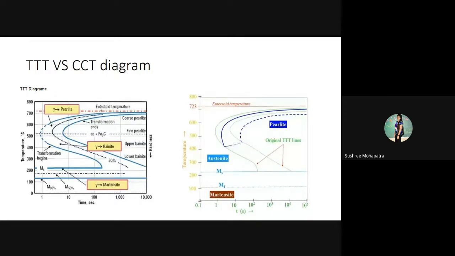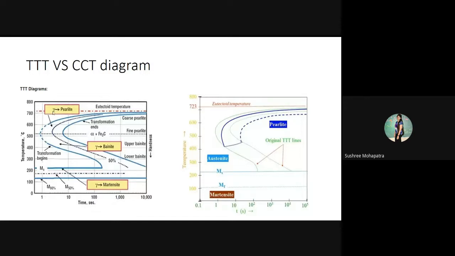So above this temperature, which kind of phase do you have? Austenite, right? And below this temperature, austenite becomes unstable. Once the austenite becomes unstable below this temperature, it will undergo phase transformation. It will transform into either coarse pearlite, fine pearlite, upper bainite, lower bainite, or martensite, right?